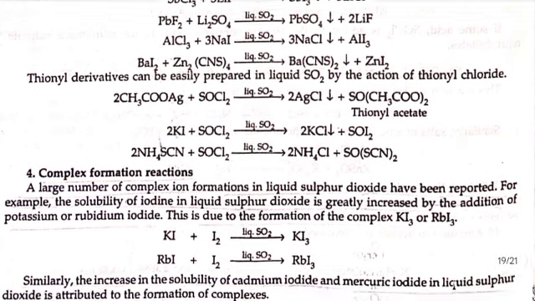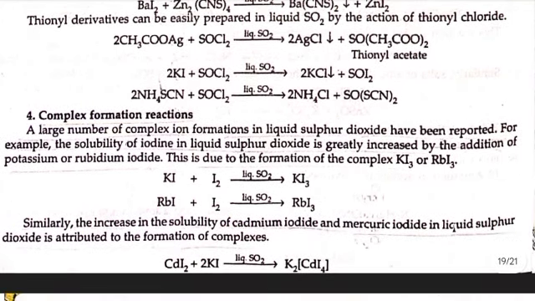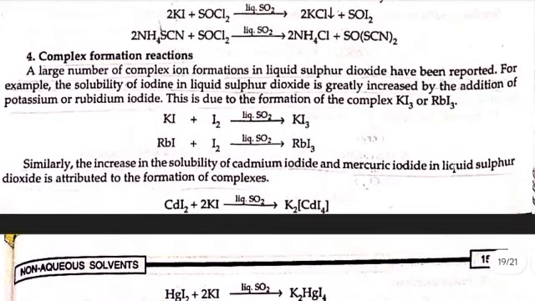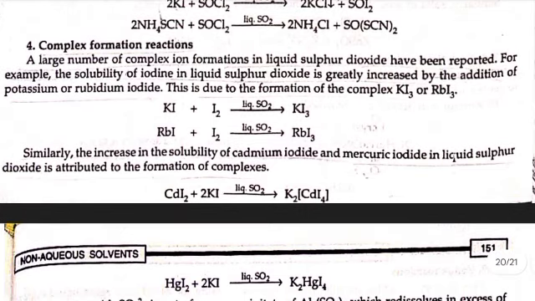Thionyl derivatives can be prepared in liquid SO2 by the action of thionyl chloride. 2CH3COOAg plus SOCl2 in liquid sulfur dioxide gives AgCl precipitate and thionyl acetate. KI plus SOCl2 in liquid sulfur dioxide gives KCl plus SOI2. NH4SCN plus SOCl2 in liquid sulfur dioxide gives NH4Cl plus SO(SCN)2.